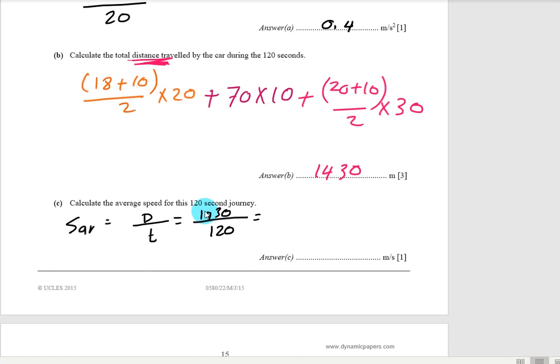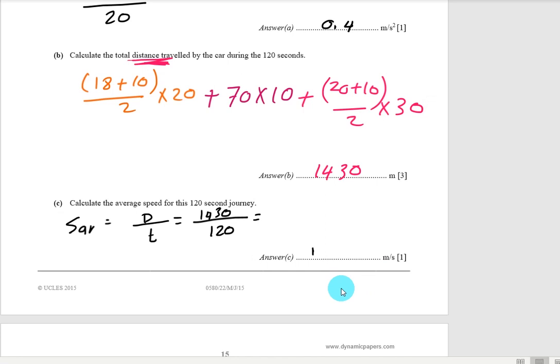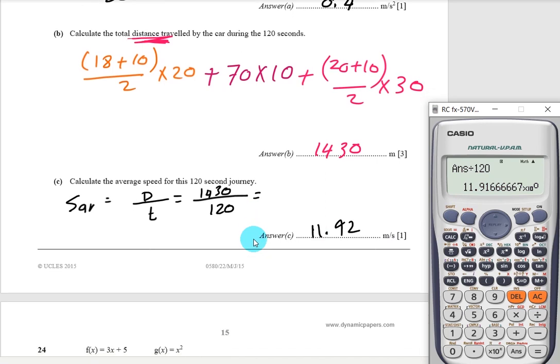This number divided by 120 will give us 11.92, because the 6 will increase the 1 by 2, so 11.92.